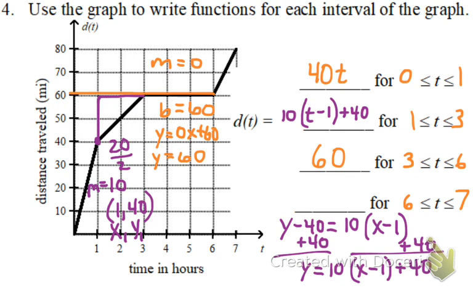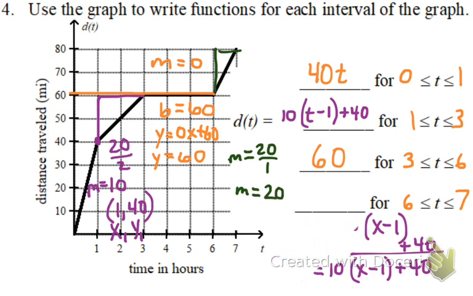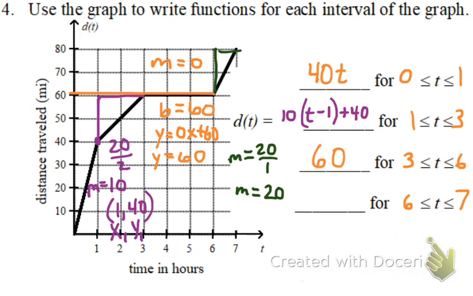And then for this last portion of the graph, we rise 20, we run 1. So our slope is 20 over 1, or 20. So slope of 20, locate that leftmost point, and we'll have (6, 60). So that'll be the x sub 1, y sub 1.